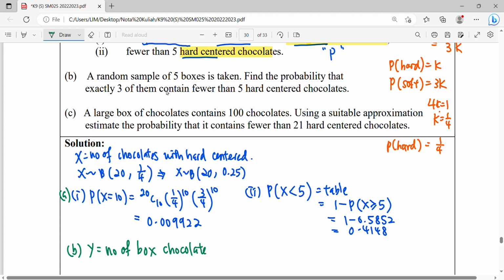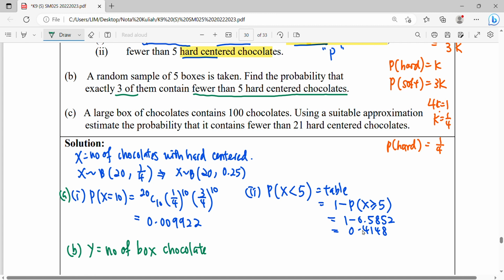With what situation? Find the probability that 3 of 10 boxes have fewer than 5 heart-centered chocolates. Fewer than 5 is the condition. Just now we found the probability of fewer than 5, which is 0.4148. So you want the number of boxes of chocolate.